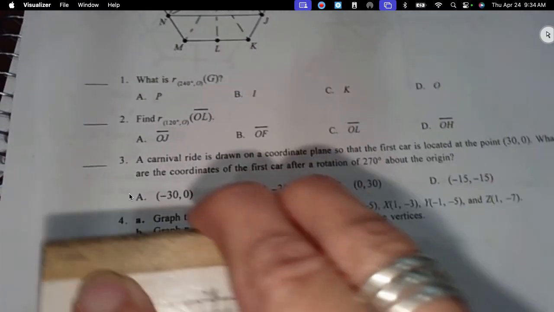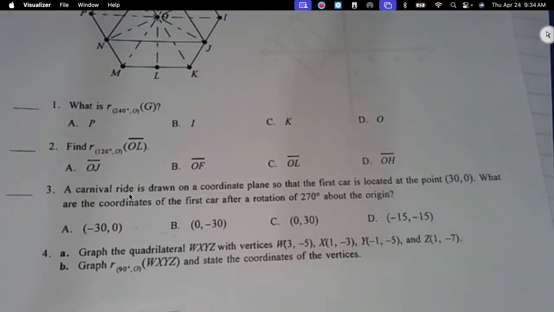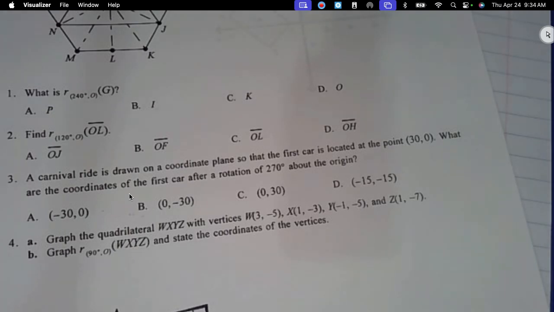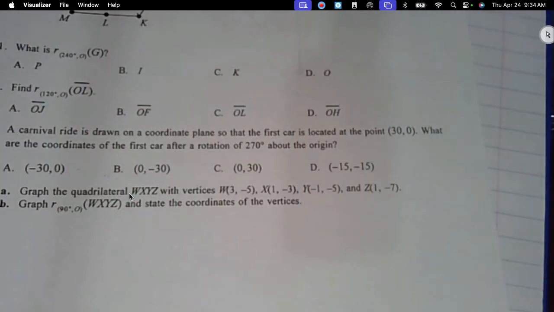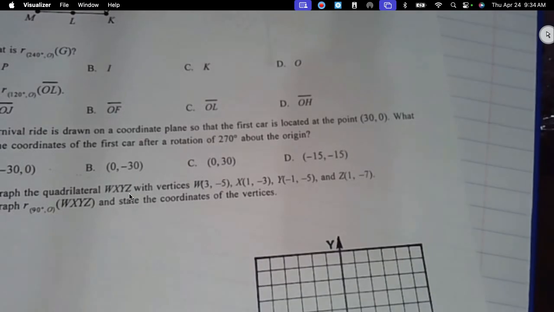There's also one on the back. I got a few more. Did y'all get any? Oh, here comes some.